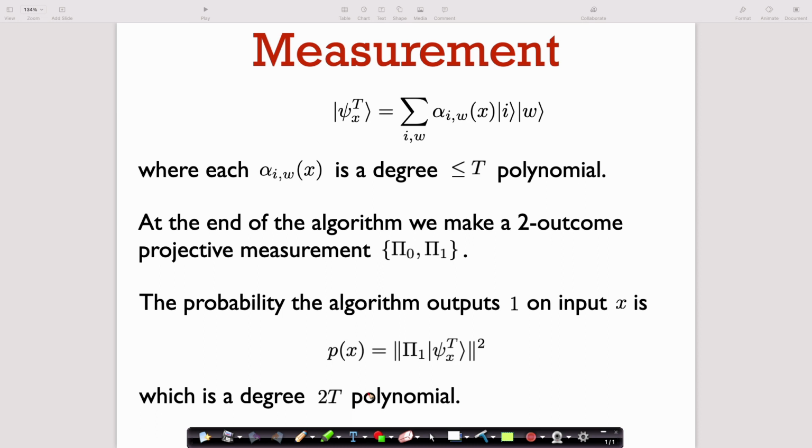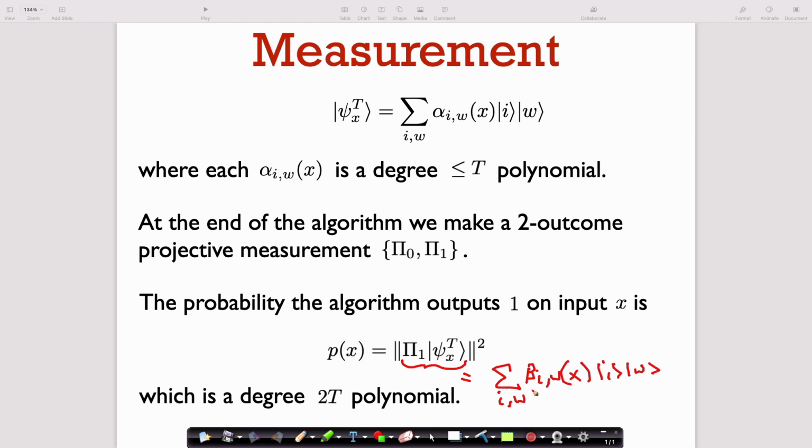So let's first think about the state inside the norm squared here. Pi_1 applied to psi_x^T is going to be some state, the sum over iw of beta_iw(x) times the basis state iw.